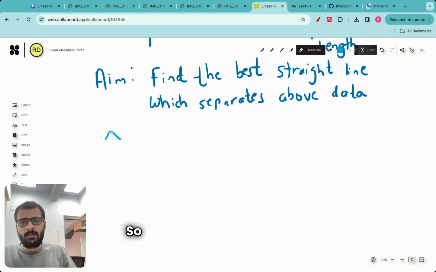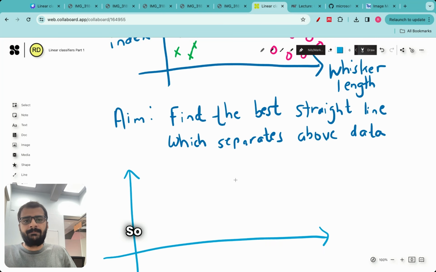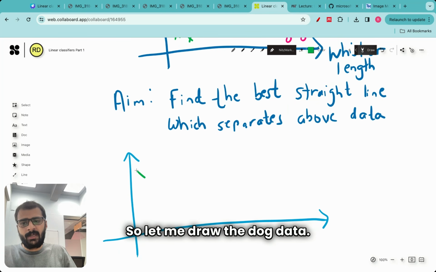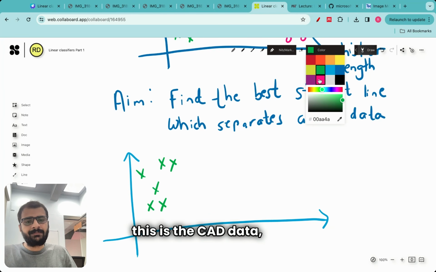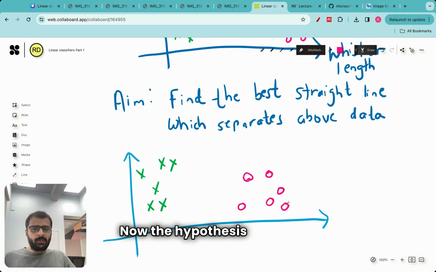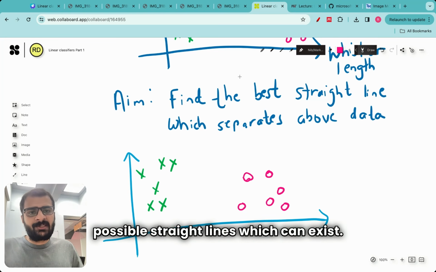So this is the dog data and this is the cat data.